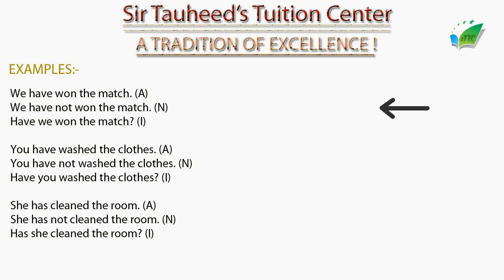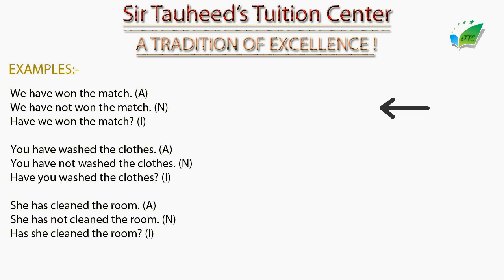So after we use have, because we have to remember that only with third person singular we use has, other than them we have to use have. After the helping verb we use third form of verb. Here the verb is won. This is the third form of win. Then after the verb we use object, and here the object is the match. We have won the match.